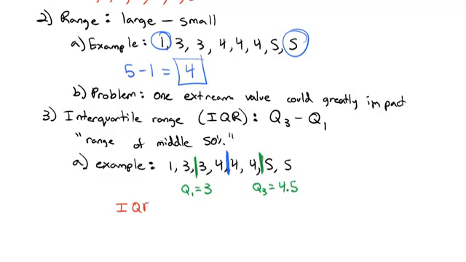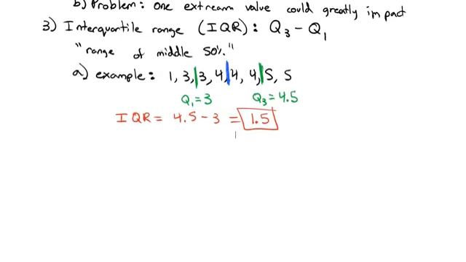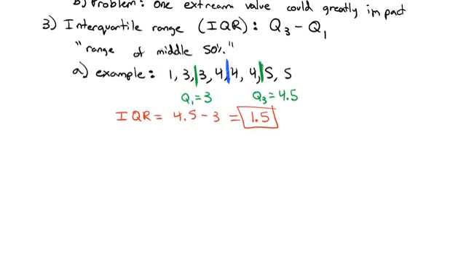This means our interquartile range is 4.5 minus 3, or 1.5. And that might be a little bit of a better measure of the spread because it's only looking at the middle 50%. The extreme outliers are not going to impact the interquartile range.